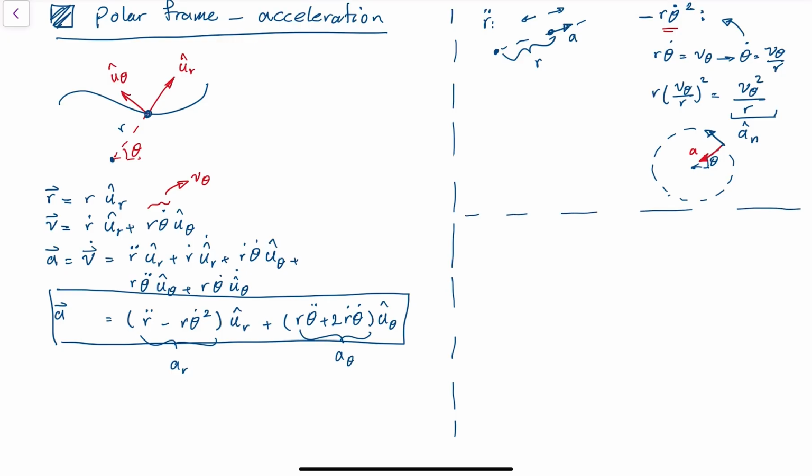What about the transverse components? We have r theta double dot. Again, r theta double dot is easier to conceptualize if you have a pure circle. That is not a good circle, but it is what it is.